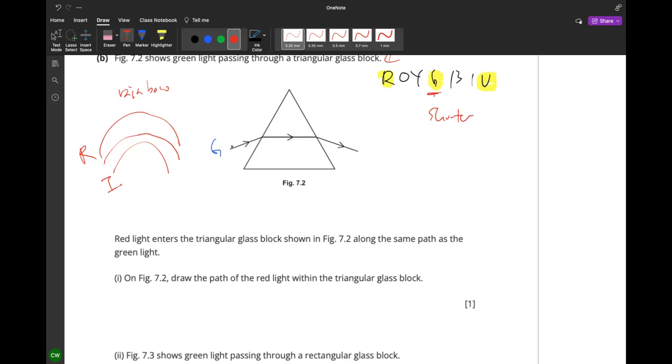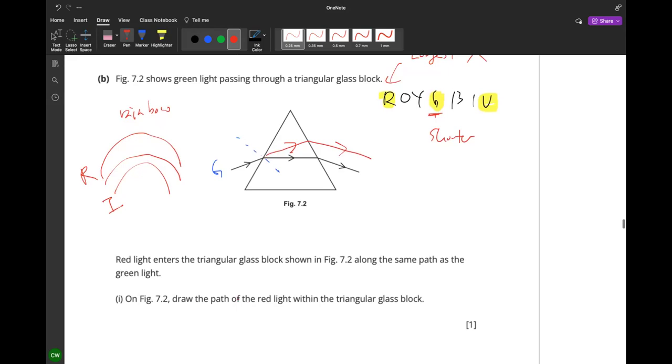So that means the red color should be above it. So it should be here. Maybe like that. So just need to draw the red color ray. This is for red, and this is for green. Slightly above.